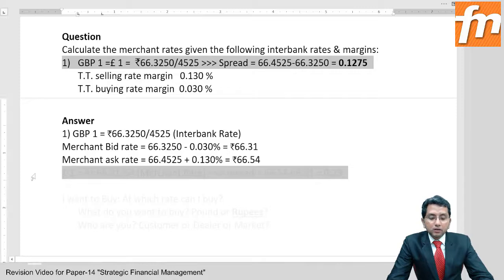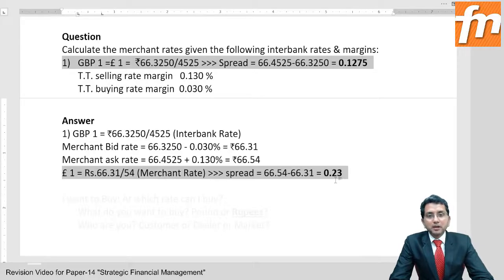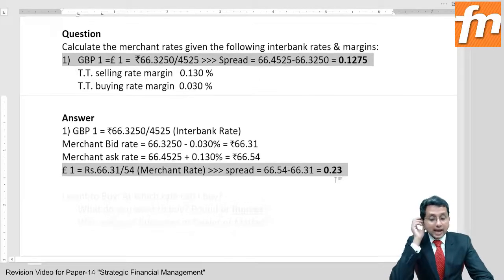Now, if I calculate the spread for merchant rate also, it is 66.54 minus 66.31. So that is 23 paisa. Here it is roughly 13 paisa. Here it is 23 paisa. Why is the bid ask spread of the merchant rate higher? Because bid has become even lower due to deducting margin, and ask has gone further higher due to adding margin, and that's why this gap is there, right?